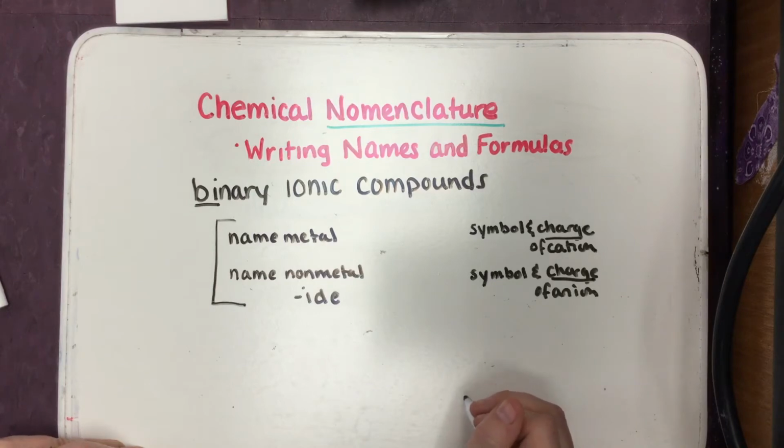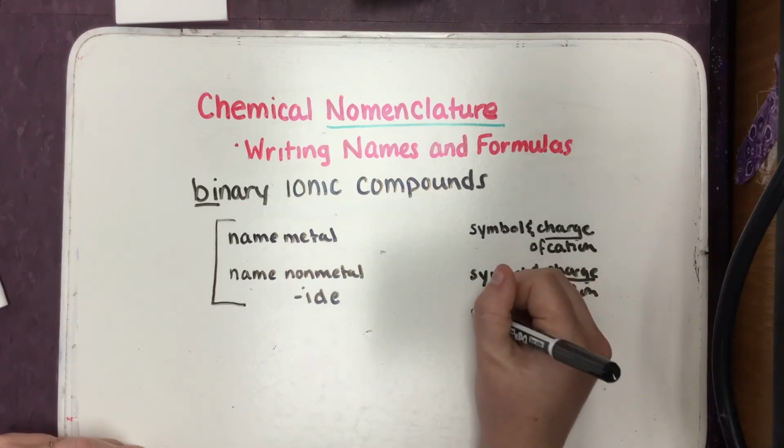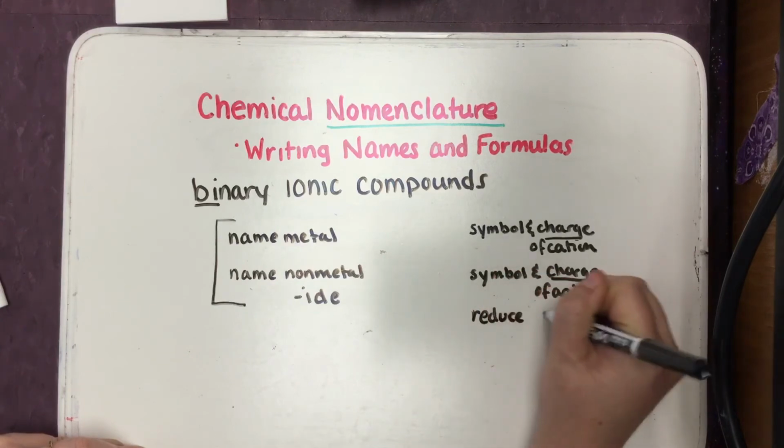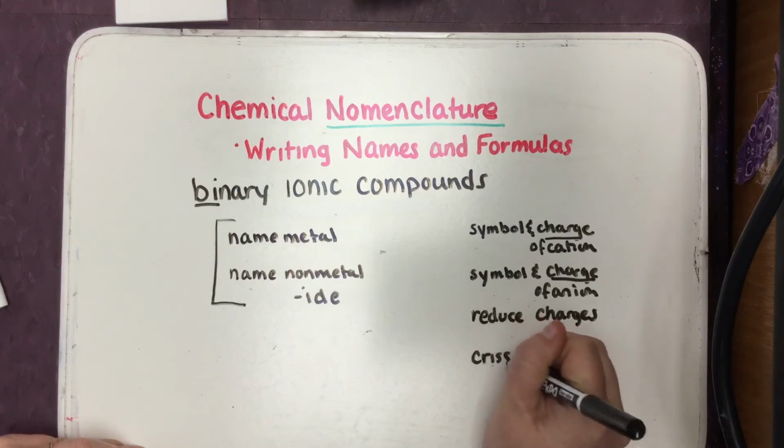And remember, reduced just means divided by the same number. So if you have a 2 and a 4, you can divide both of those by 2, and you get a 1 and a 2. If you have a 6 and a 3, you could divide both of those by 3 and again get a 2 and a 1. We're going to try reducing the charges before we crisscross them.